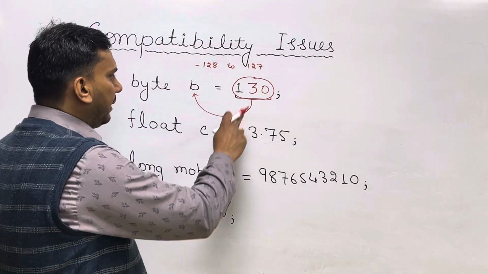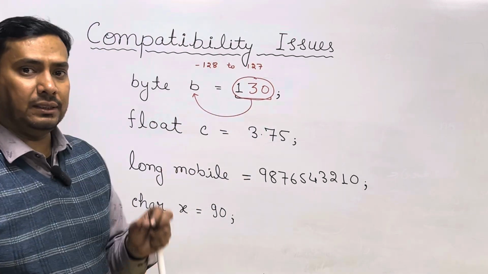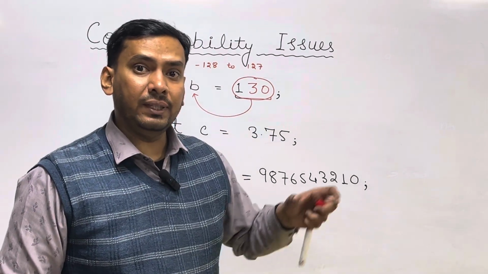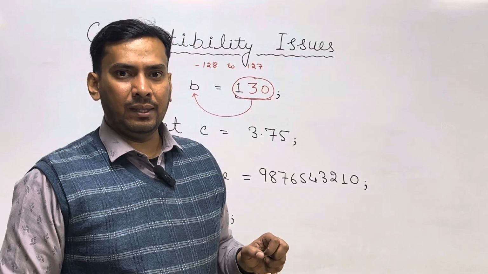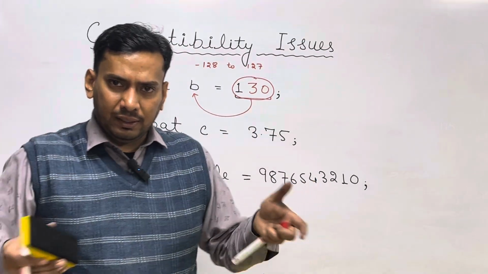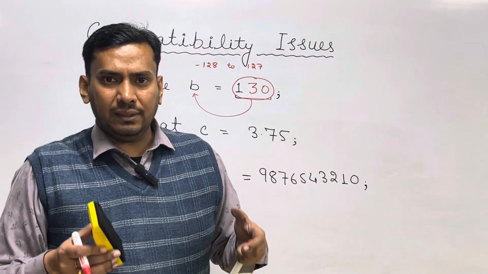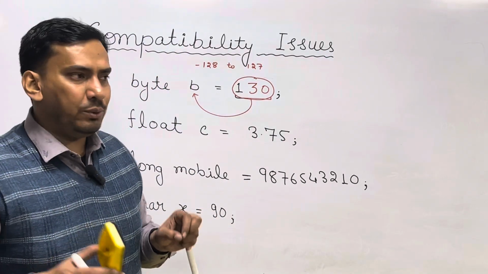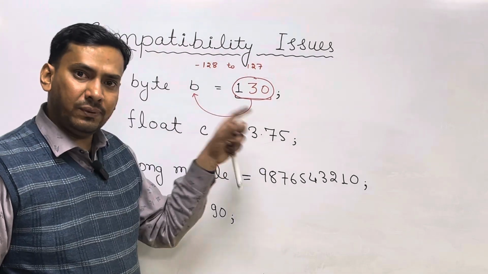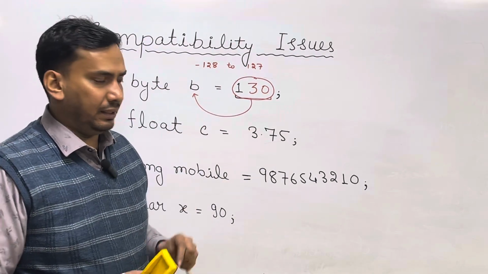It means you are trying to assign int to byte, so it will come in the category of narrowing. If you want to put a large value in the smaller container, adjustments will be required, and for that adjustment you have to give the consent in the form of narrowing, that is explicit typecasting.